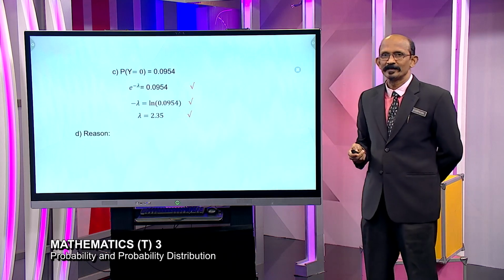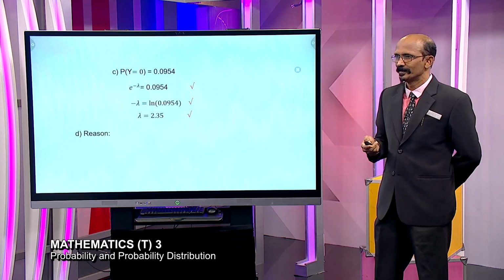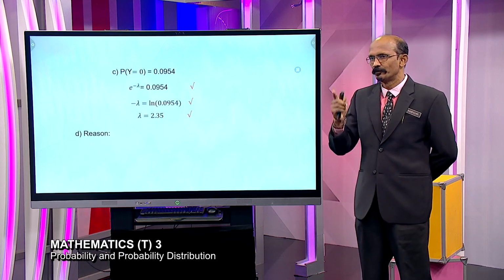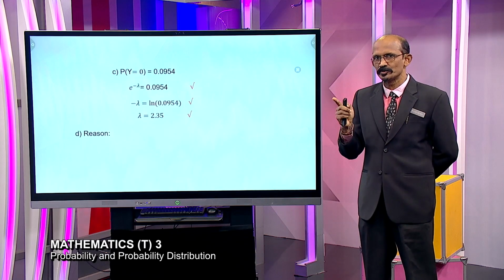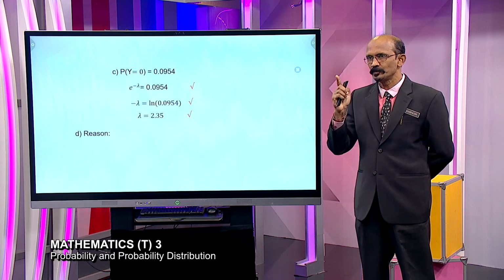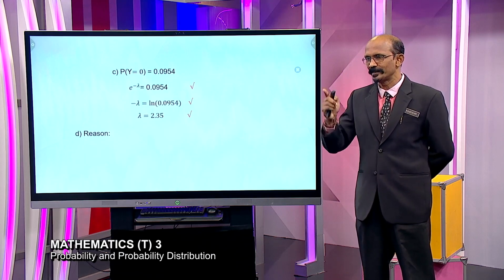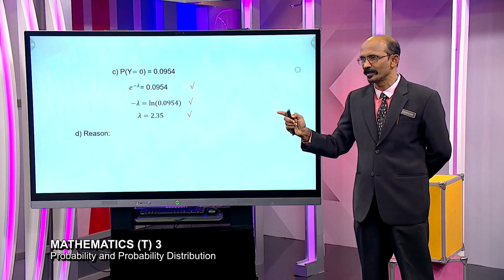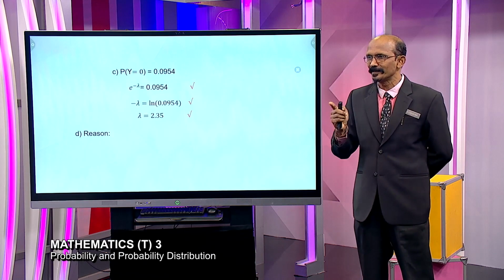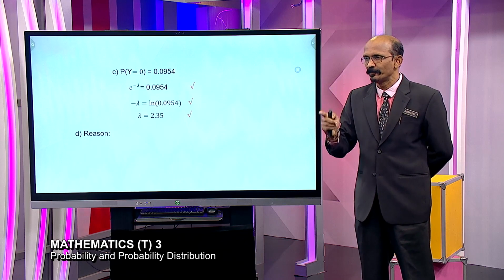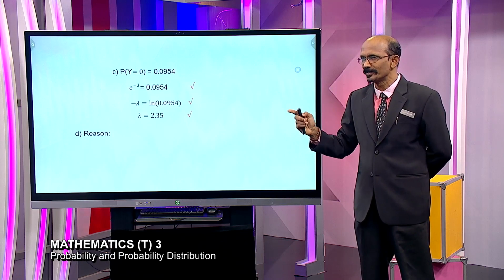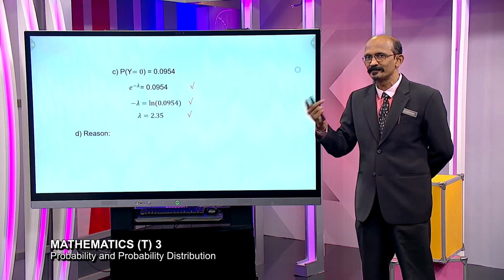Next, they ask you to give a reason. As I mentioned earlier, for binomial and Poisson distribution, you should be able to state their conditions, the properties of Poisson distribution. But in this case, they are asking why it does not follow a Poisson distribution. That means you must find the negative statement for that.